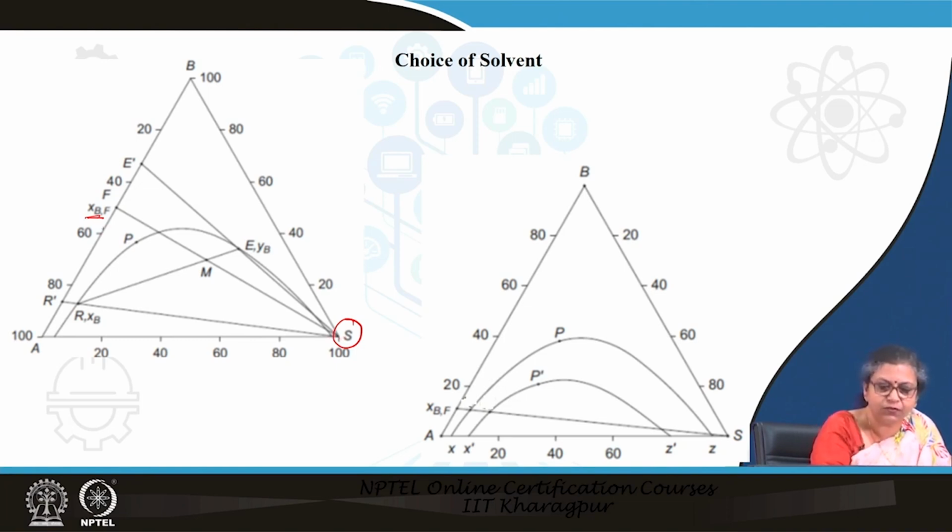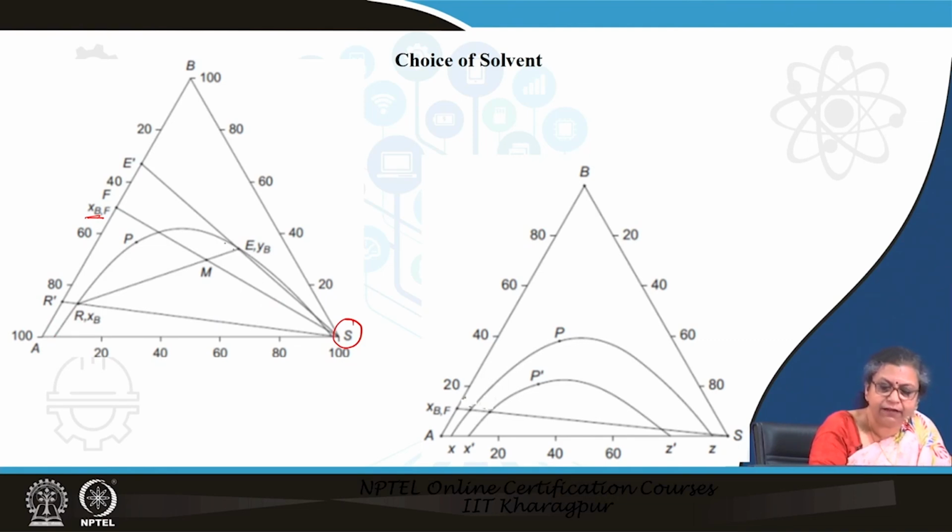So, naturally what we find is that the feed composition now shifts along the line FS, as I have told you. Now, remember one thing, inside the triangle we have got the three components together.